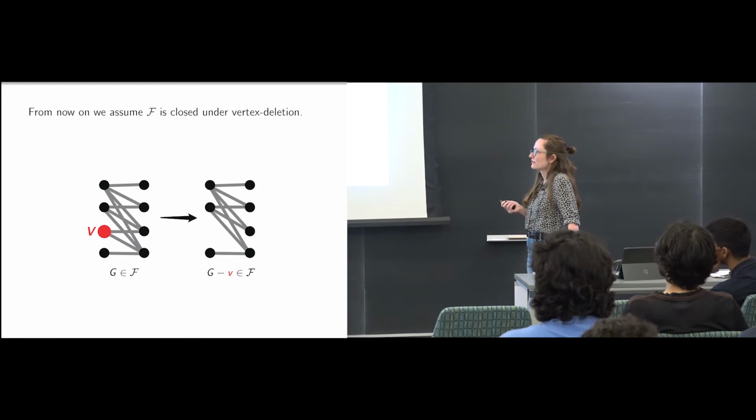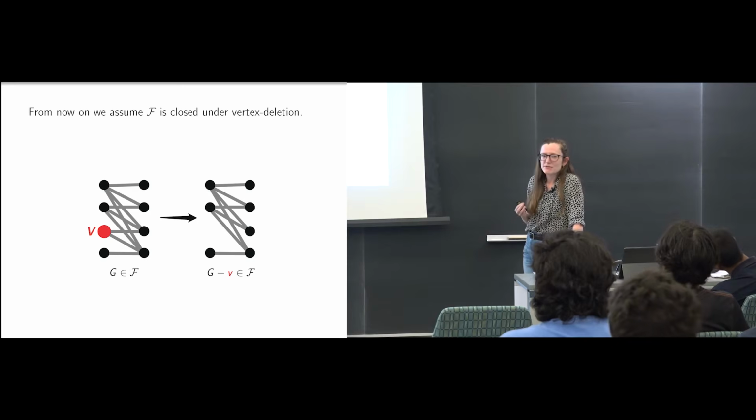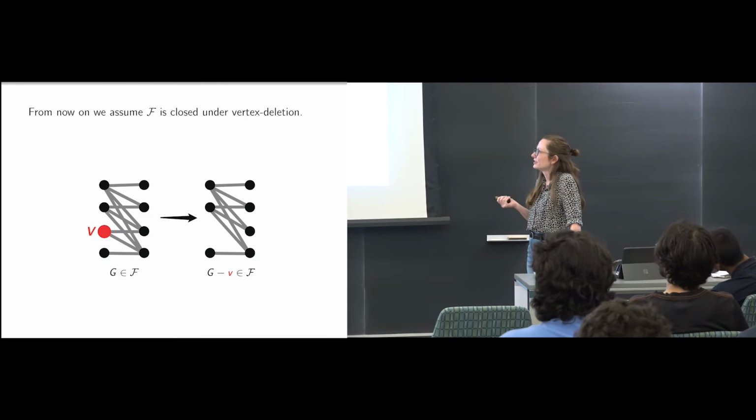So if I've got any graph in the class and any vertex of that graph, I can delete it, and what I get is still in the class. You need this in order to make the problem more about the structure of graphs in the class rather than the size of graphs in the class. And this is the mildest assumption that's reasonable to make.